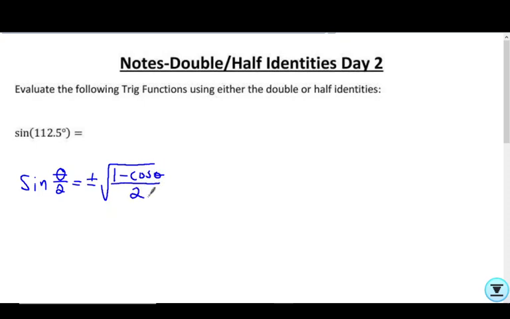Okay, so that means that this 112.5 is whatever my angle divided by 2 is. So that means that basically this is the same thing as sine of 225 over 2.